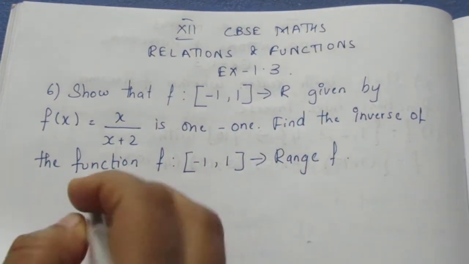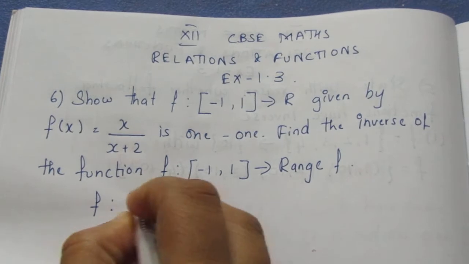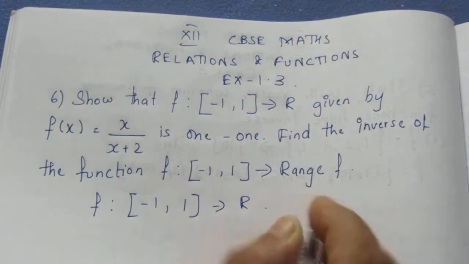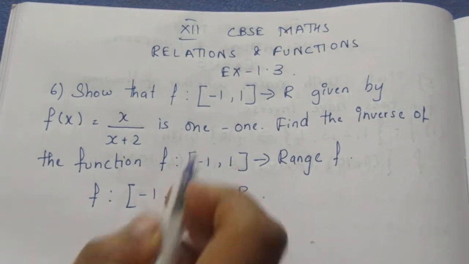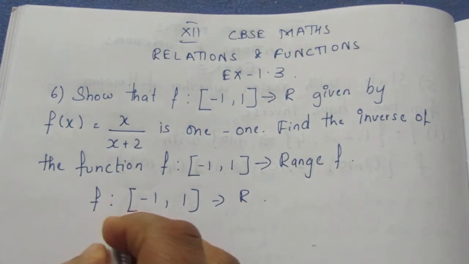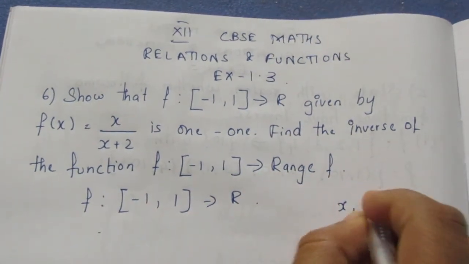What they have given, f is from [-1, 1] to R. We need to prove it is 1 to 1. For 1 to 1, we know the formula: we need to prove that x1 is equal to x2.